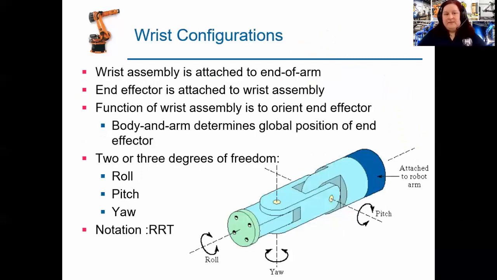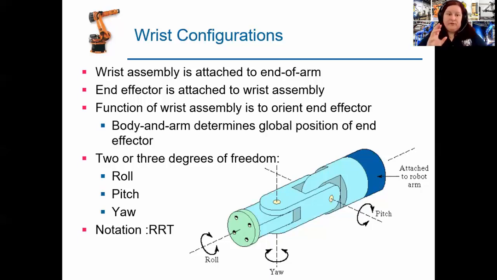And there are different wrist configurations you can have. Basically, this assembly is attached to the end of the arm. Look, the darker blue is where the robot arm ends, and then we have the whole wrist there. Depending on what we want to achieve, most commonly we will have the end effector, and the end effector will be a sub-assembly that you can attach something else to.